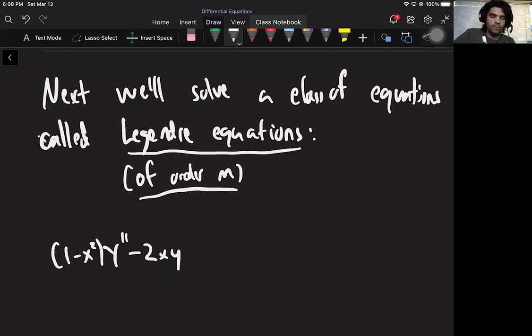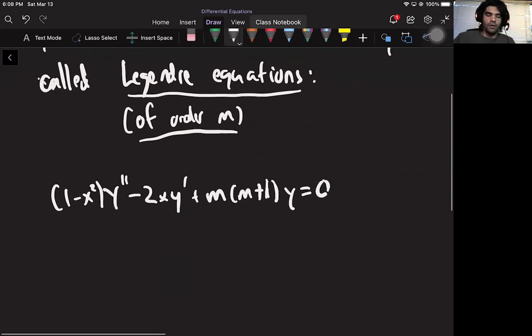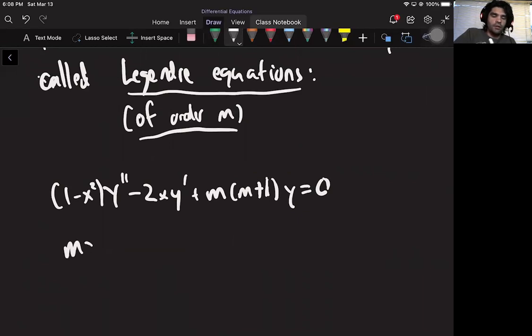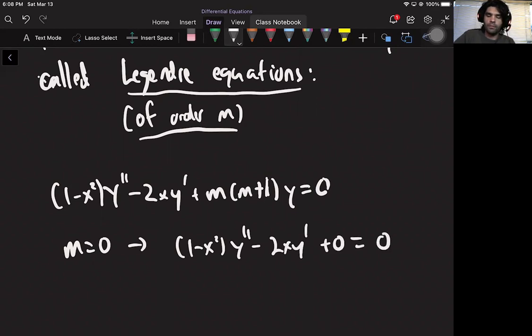But what we're going to do is keep this m as arbitrary, so that we can solve them all at once. So if I just plug in various m values, I get different differential equations. If I plug in 0, I get this one. I guess that would just be 0.